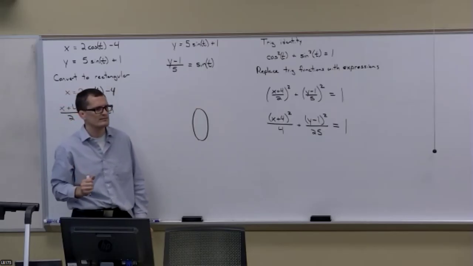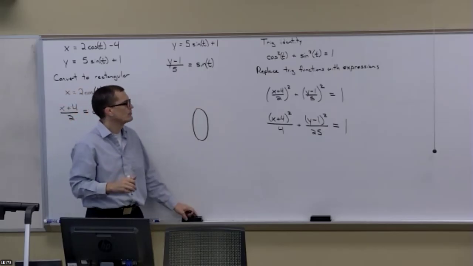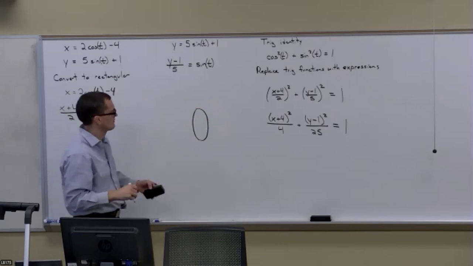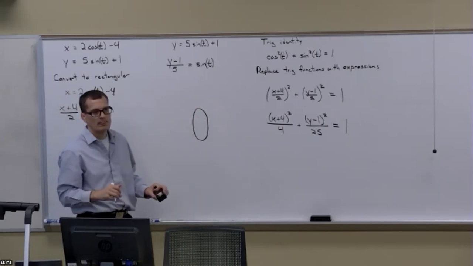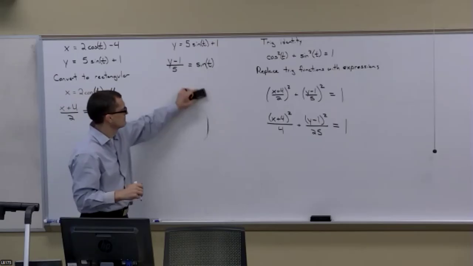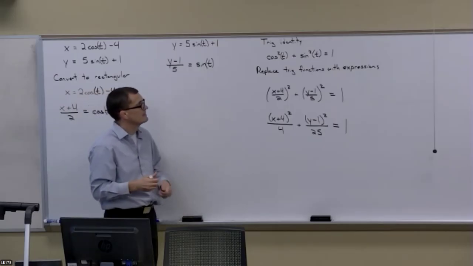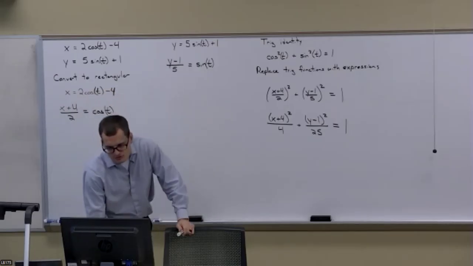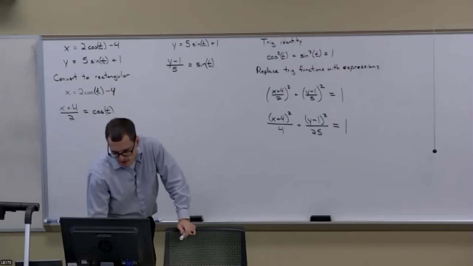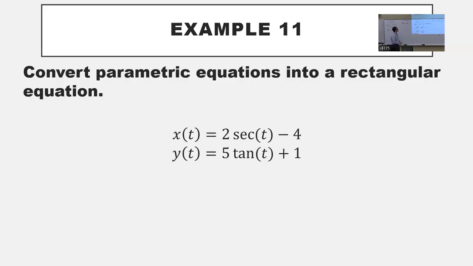All right. You could graph that. I'm not going to. So that trig identity, cosine squared plus sine squared equals 1, gave us circles and ellipses.